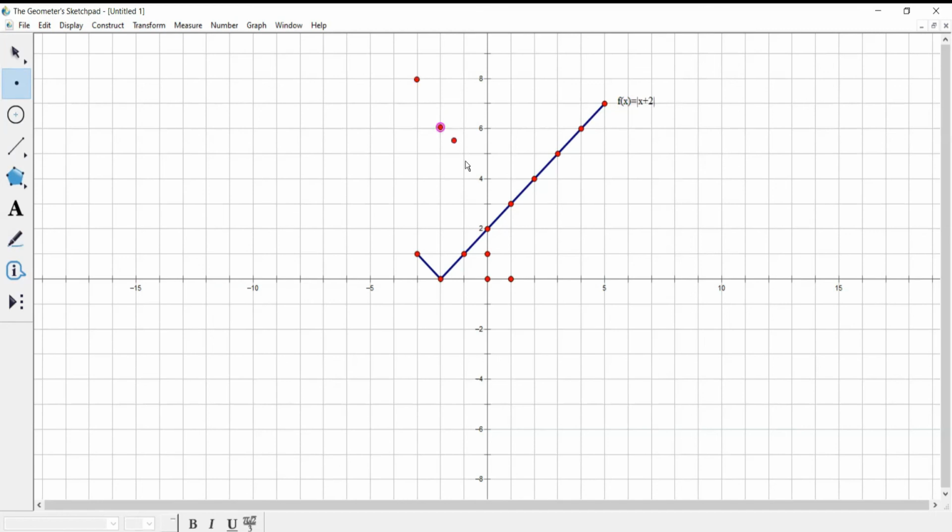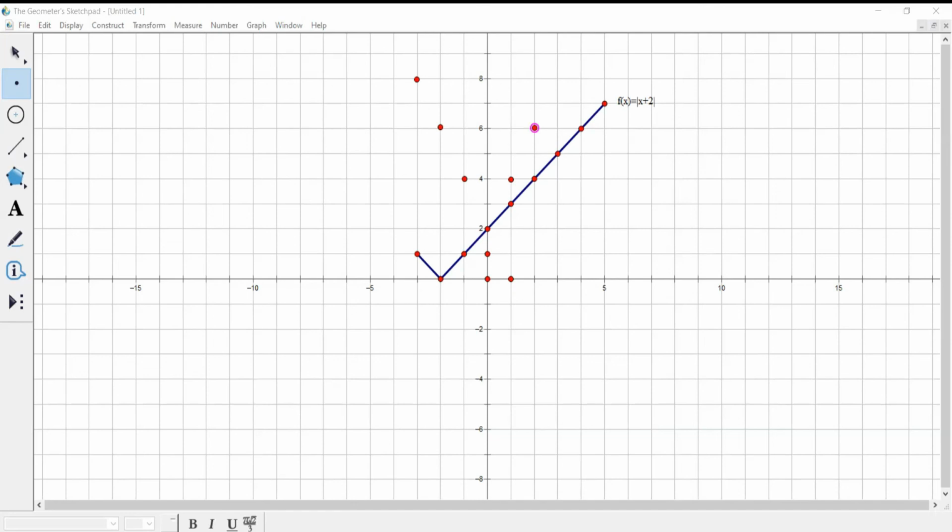Then we have -1, 4. Then we have 0, 2. Then we have 1, 4. Then we have 2, 6. Let me make sure I'm doing the right thing.